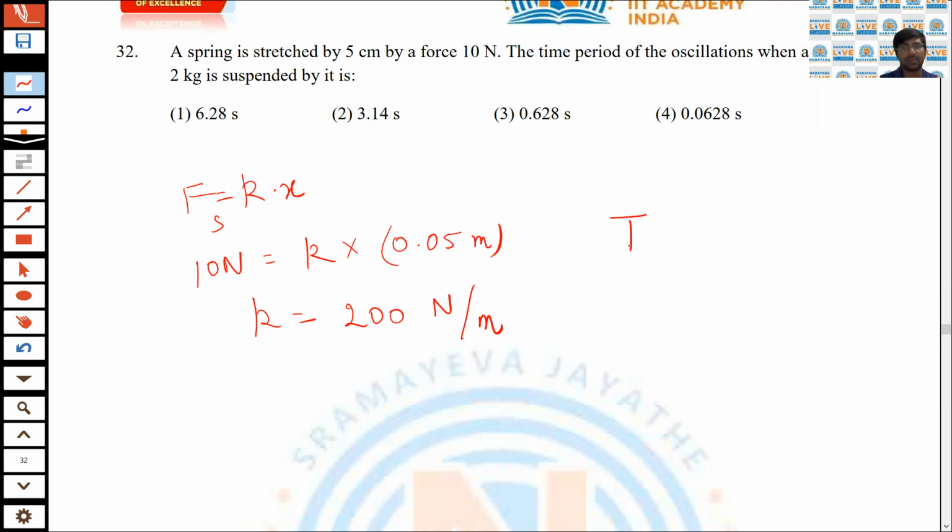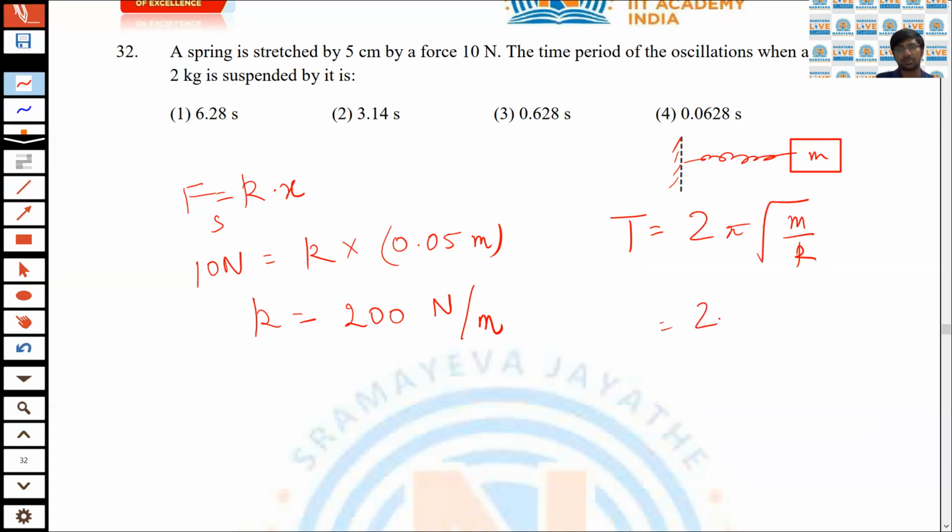Now, what is the time period of oscillation of a spring block system? Let's take a spring block system over here. The oscillations take place and the time period becomes 2 pi under root m by k.